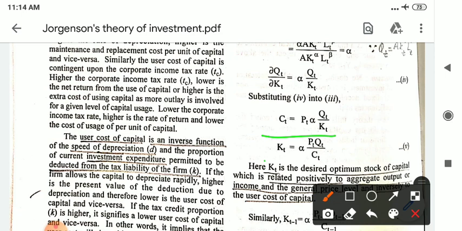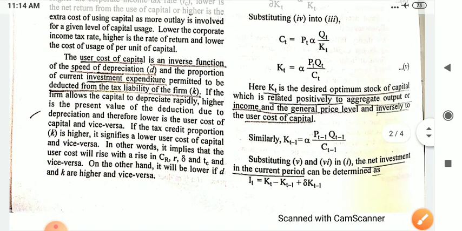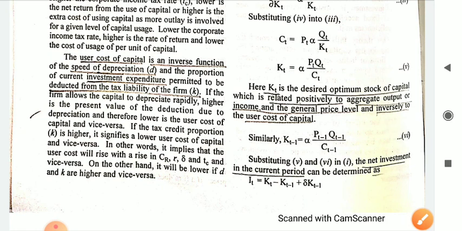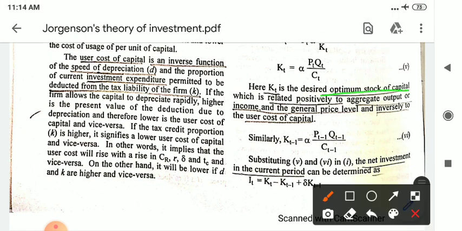After that we cross multiply and get K_t is equal to alpha into P_t into Q_t divided by C_t. This K_t is the optimum stock of capital in T period.